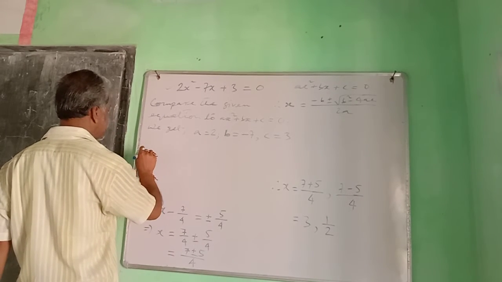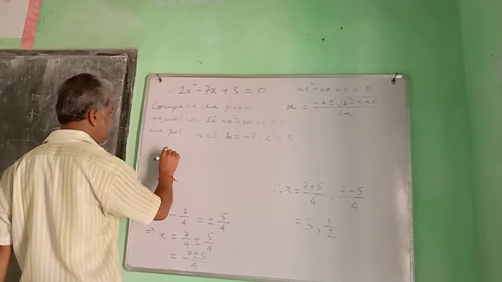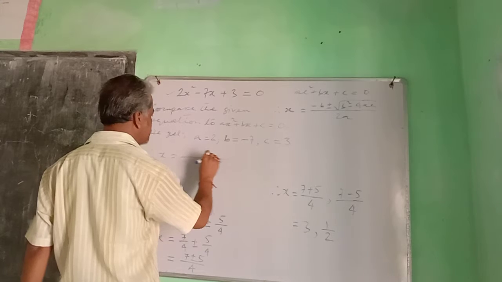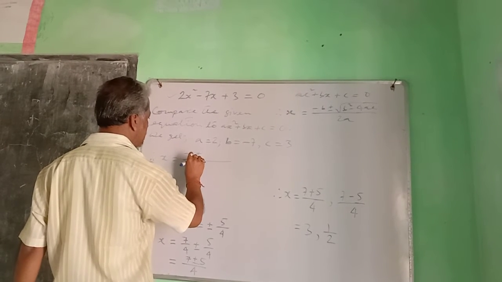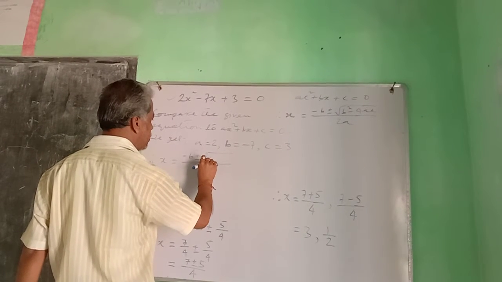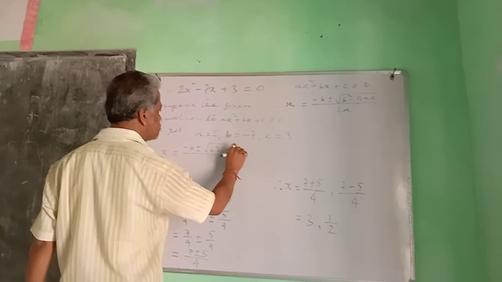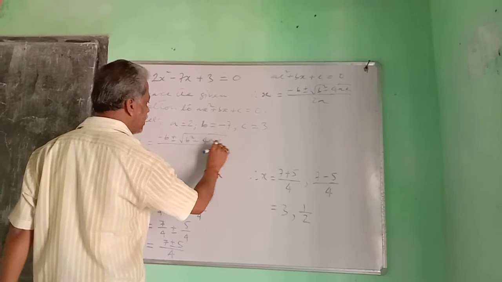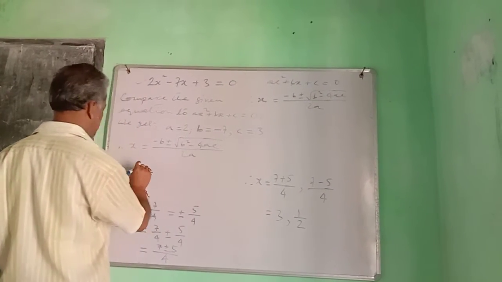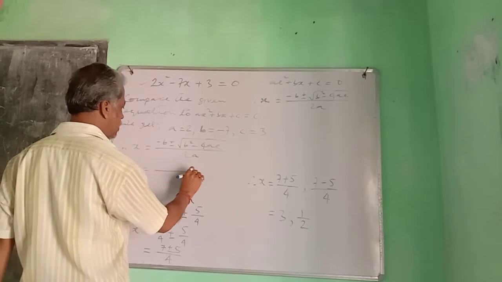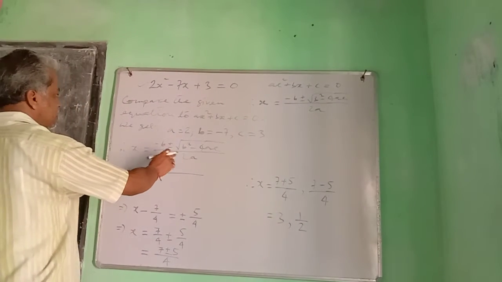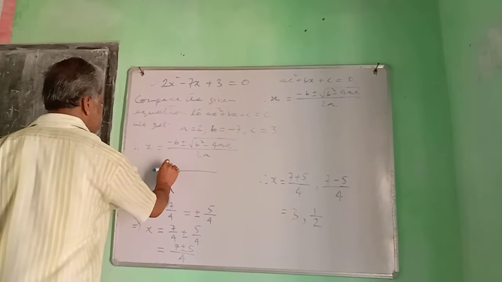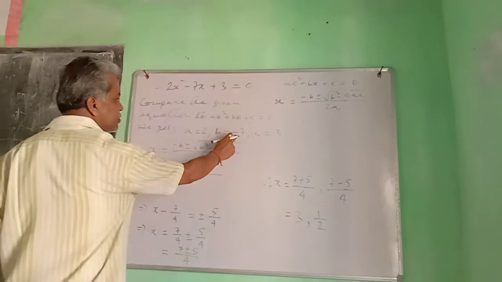So by the application of the quadratic formula, the formula is x is equal to minus b plus minus root over b square minus 4ac divided by twice a. So if we put the values, minus b, what is b? b is minus 7.